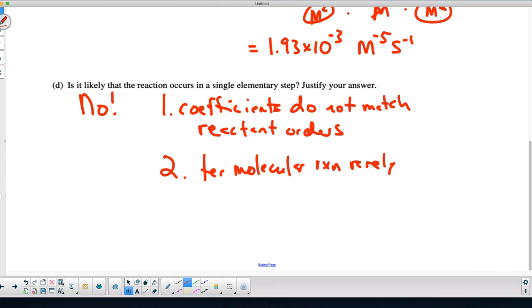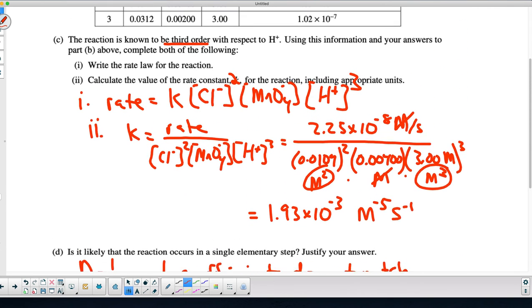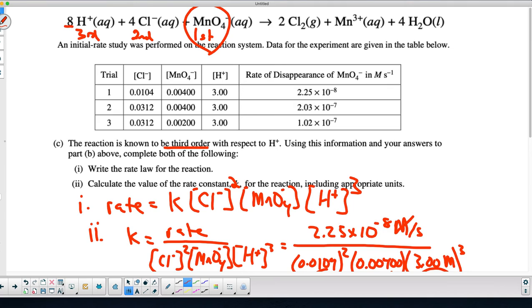Take a look at how many pieces we have here. If this were just one elementary step, here I have 8 hydrogens, 4 chlorides, and 1 permanganate. That's 13 different things combining at all the right orientation and the right energy.